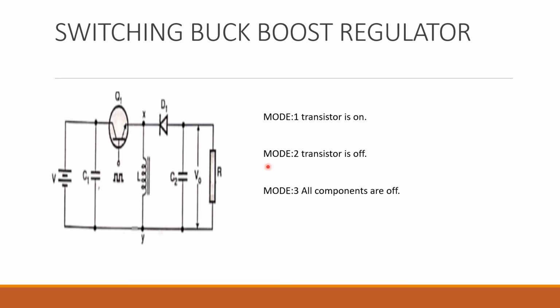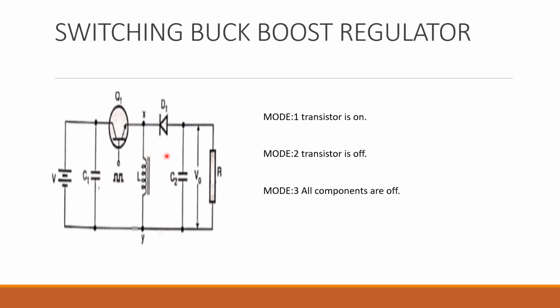Now, let us see what will happen in mode 2. In mode 2, transistor is off. It means now the input is not given to this section. This input voltage is not given to this section. But inductor was storing energy in the previous mode. So now it will release its energy. The polarity of voltage will be reverse.